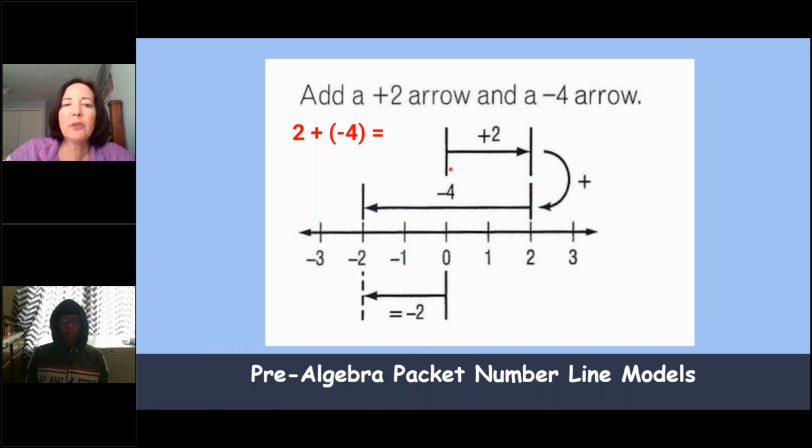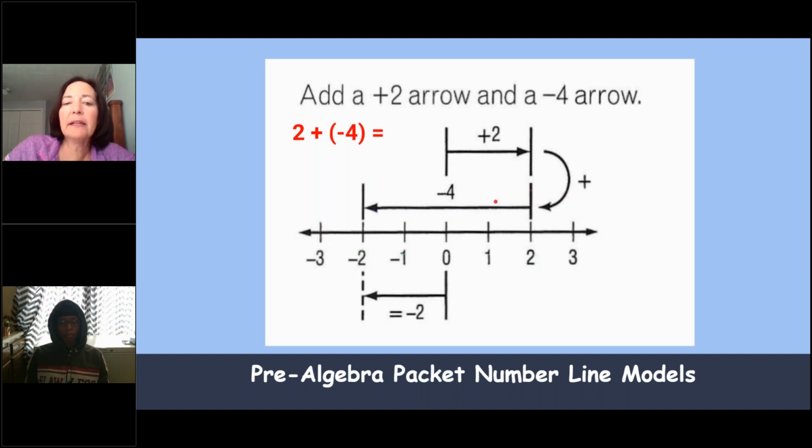So go up to the top here. The problem they were solving was 2 plus -4. So this first line was our starting point because it's at 0. And we're going to move forward +2 to model that 2 at the beginning of the problem. And then at this point, we're adding, but we have to travel -4.